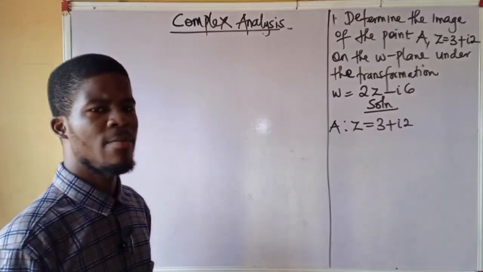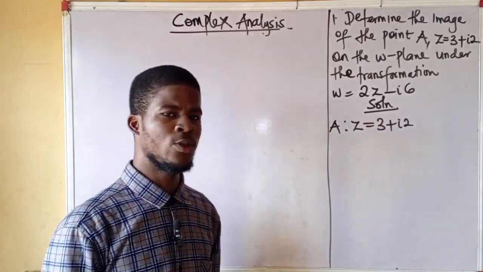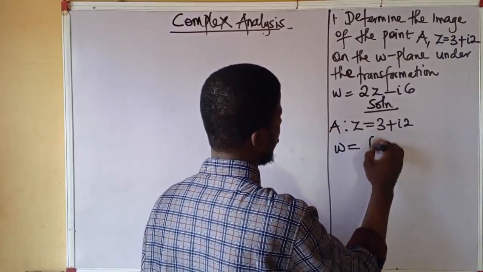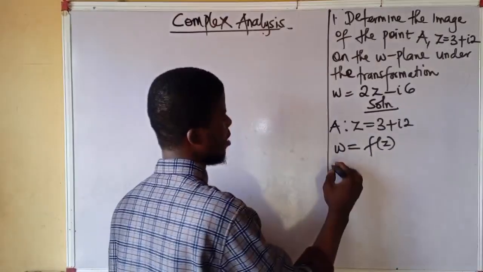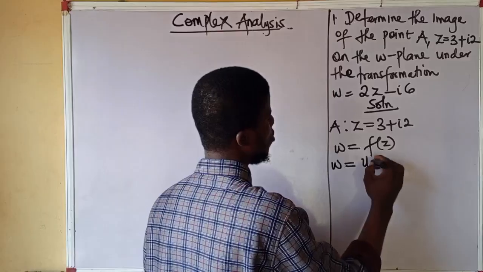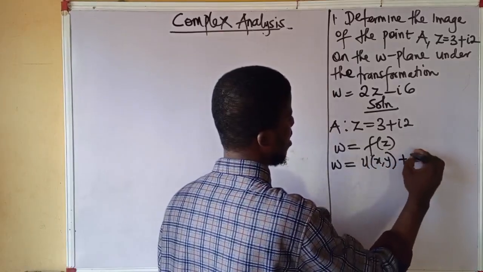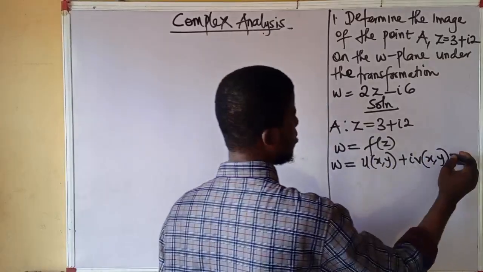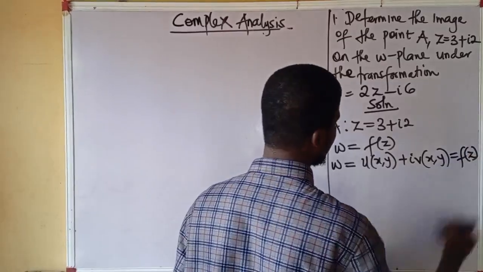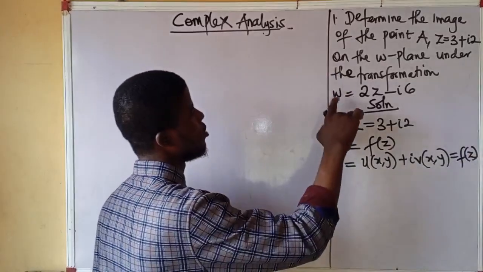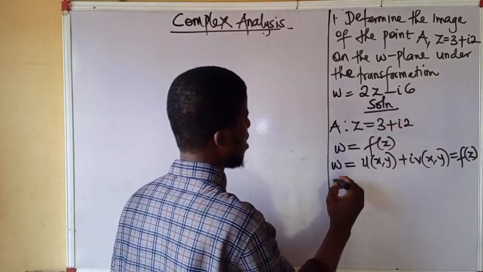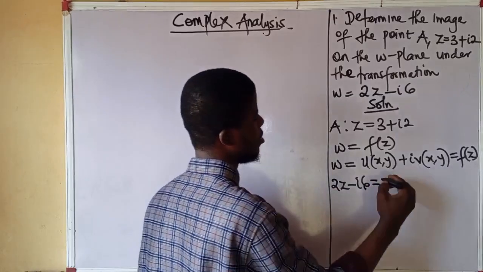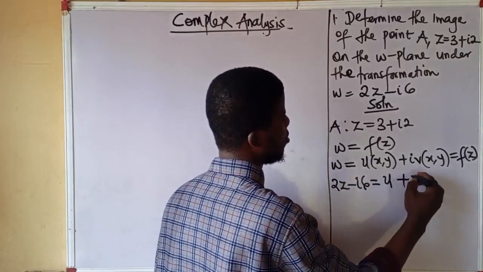Remember the transformation equation, W equal to f of z. We said that W is u of x and y plus i times v of x and y, and this is equal to f of z. Now, from the question, W is 2z minus 6i, which is equal to u plus iv.